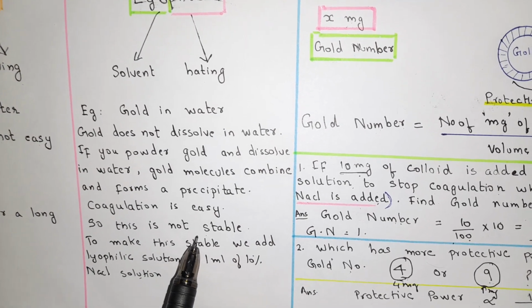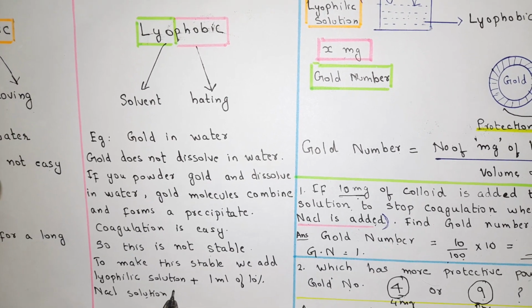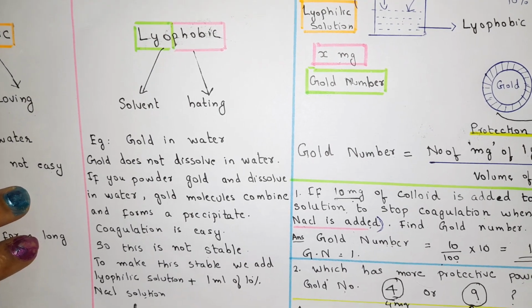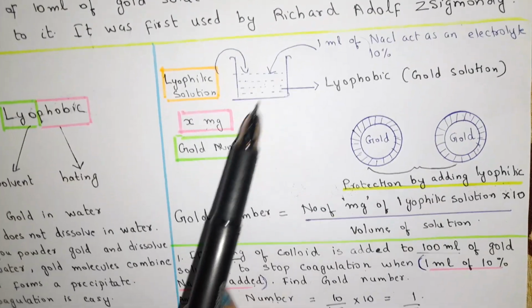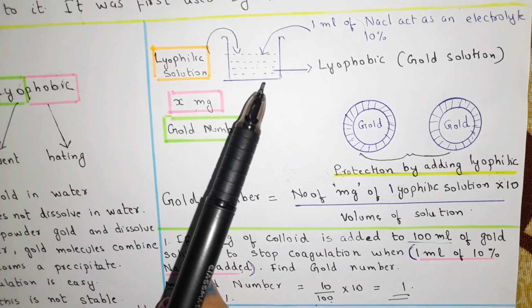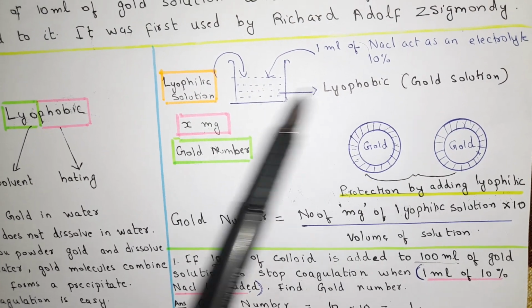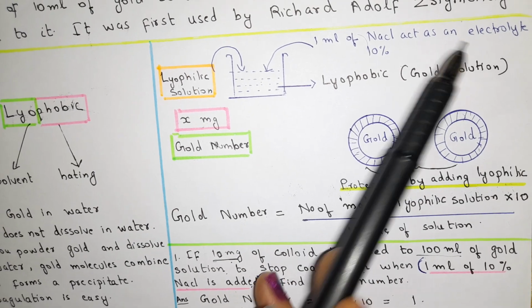So in order to make the substance more stable, we are adding some lyophilic solution along with 1 ml of 10% NaCl solution as electrolyte, where we represented the whole thing with the help of a diagram for your easy reference. We took the lyophobic, like gold solution, inside and we added 1 ml of 10% NaCl, which is acting as an electrolyte.